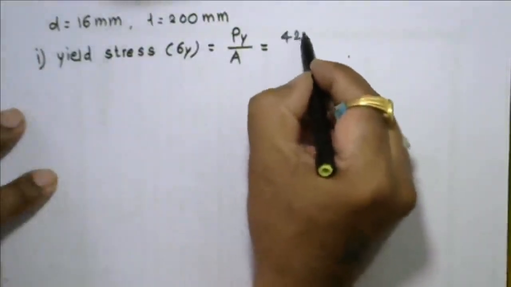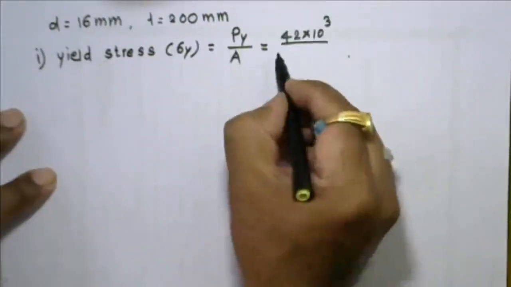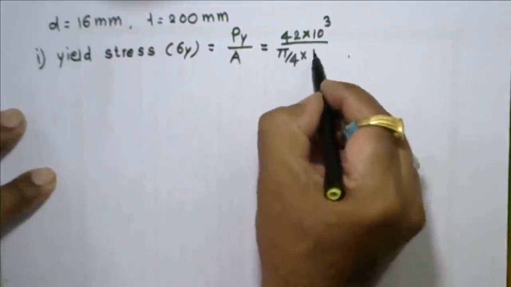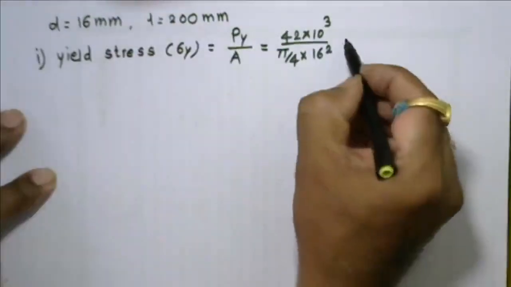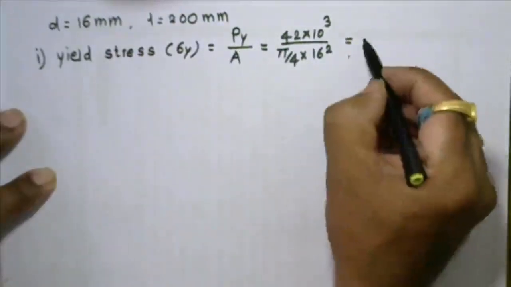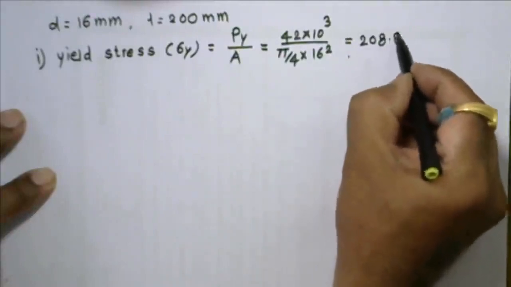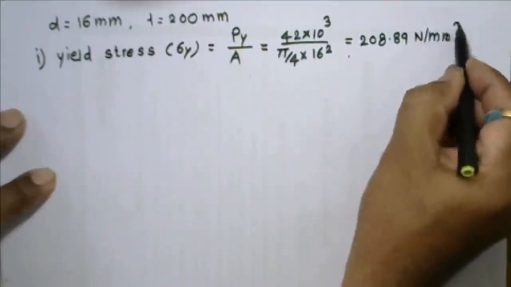So 42 into 10 raised to power 3, divided by the cross-sectional area, which I am calculating directly, pi by 4 into d square, that is 16 bracket square. So the answer is 208.89 Newton per mm square.